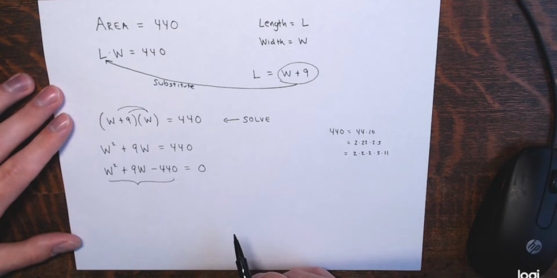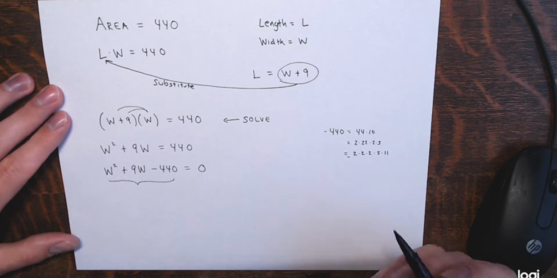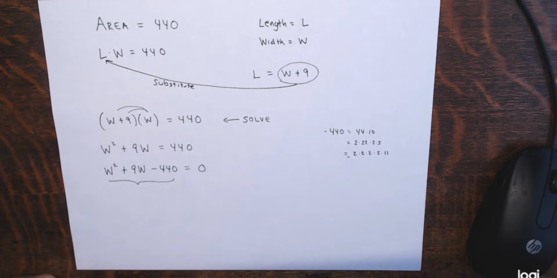And let's see, what would add up to 9? This is negative, so one of them has got to be negative, one of them has got to be positive. Let's see, 10 and 44, no. 20 and 22 don't have a difference of 9. 40 and 11. Alright, so I'll think about this a little bit.